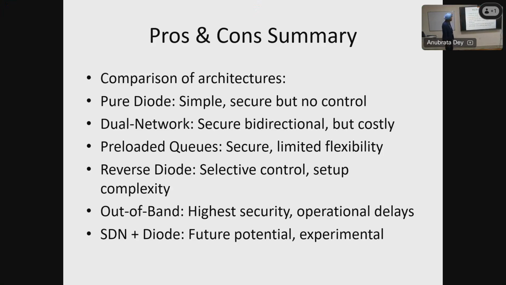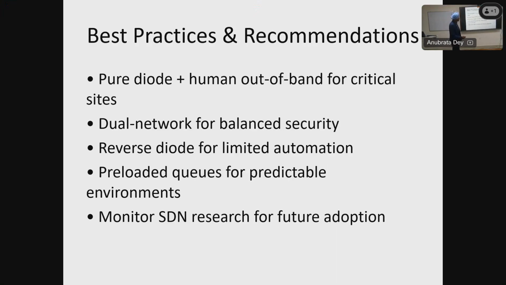So those are software-defined networks. And okay, this is again a little bit of what you can do. Pure diode plus human out of band for critical sites, the sites that are very critical. You want the human operator to go and take action, okay?